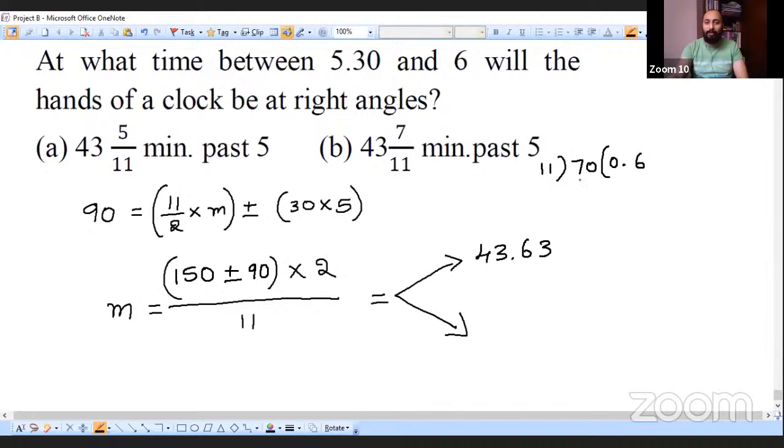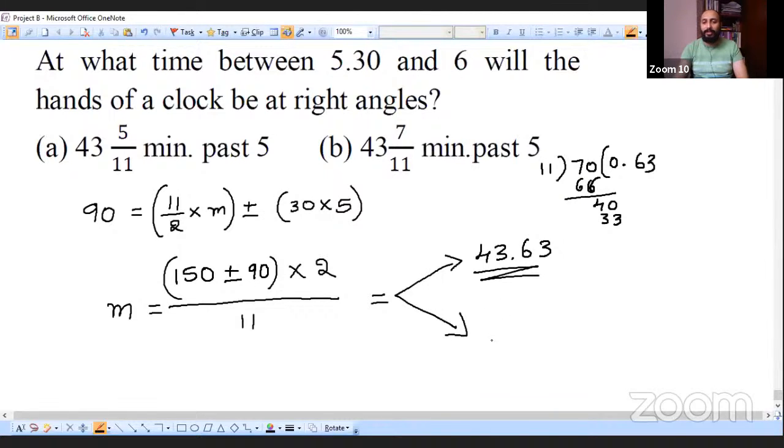It will be 70, 66 will come, 4 will be remaining, point will be there, 63 will come. So 0.63 is the right answer. However, what is the other value here?